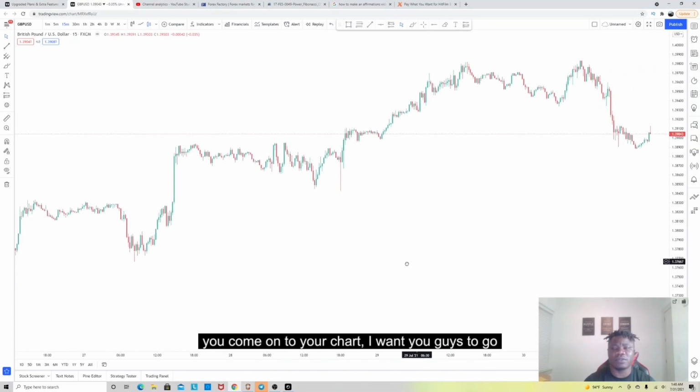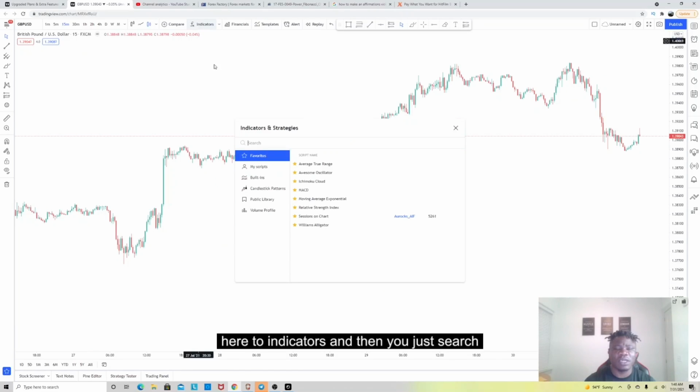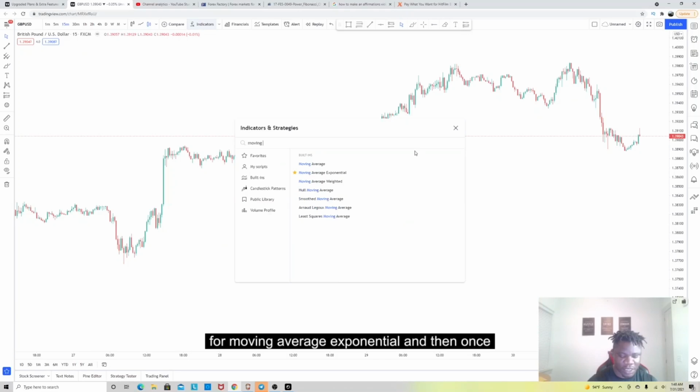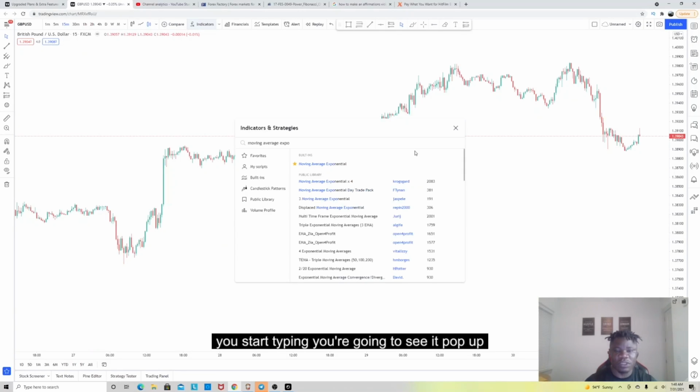Once you come onto your chart, go to indicators and search for moving average exponential. Once you start typing you'll see it pop up, and make sure you add it as one of your favorites so it's easier to add onto your chart.